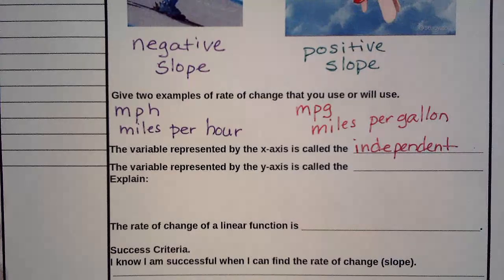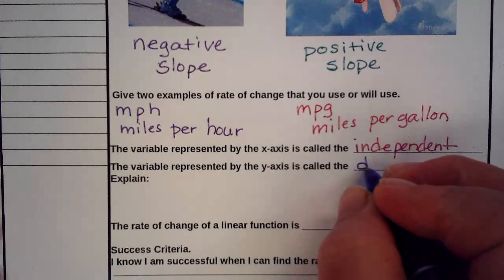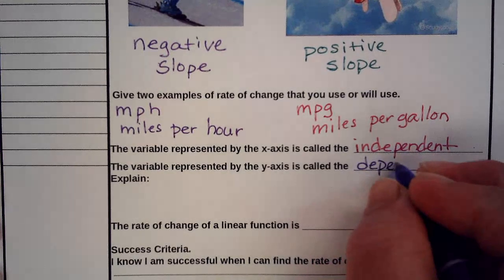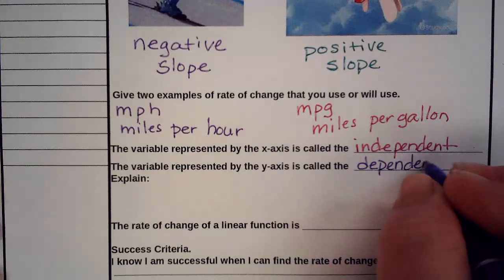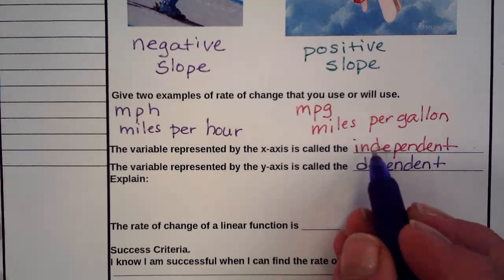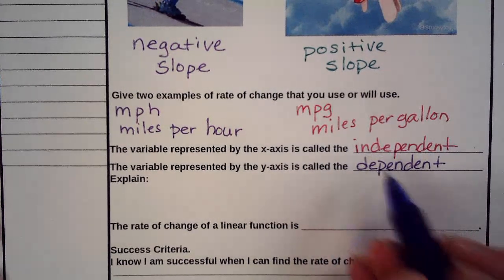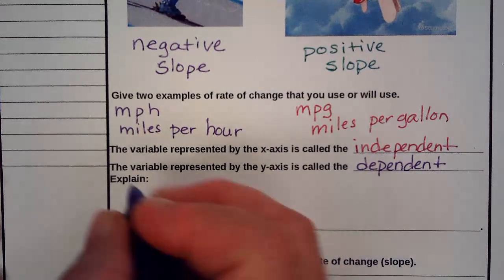And the variable represented by the y-axis is the dependent variable. This is your input, this is your output. Why?